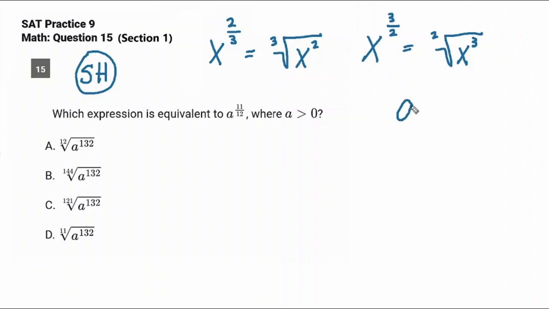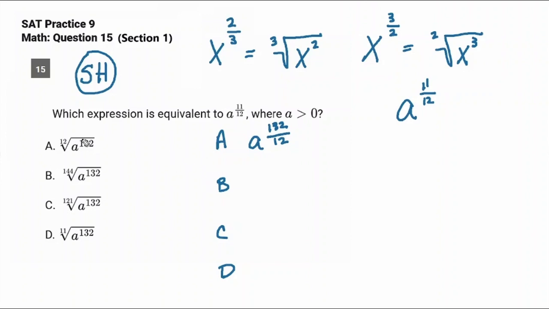So we're looking for a to the 11/12. I'm going to write A, B, C, D here vertically, kind of spaced out. So A: a to the what? To the 132 goes on top, and what goes on bottom? 12 goes on bottom. It's that simple.